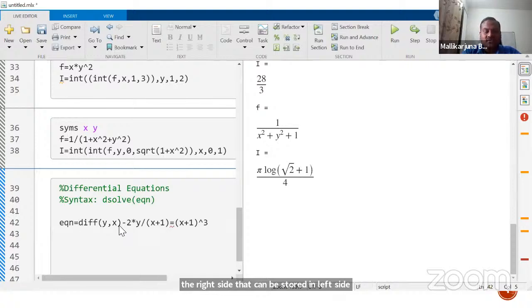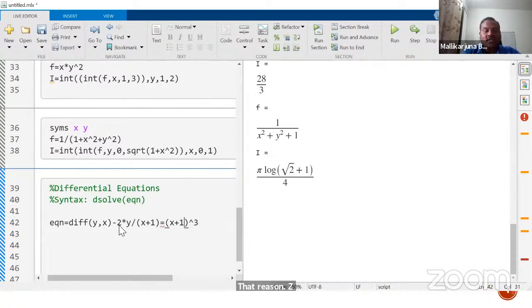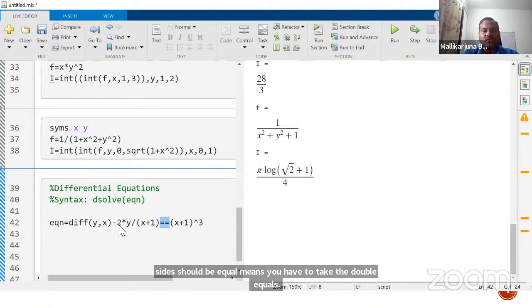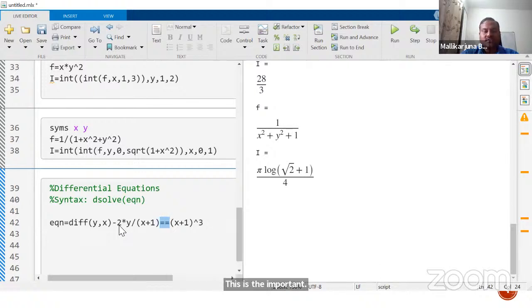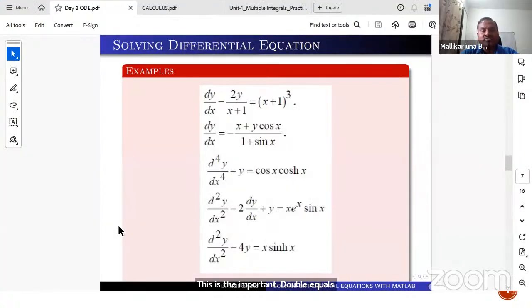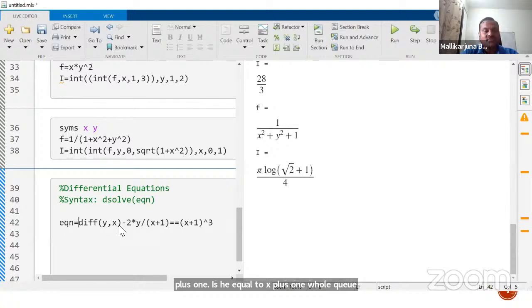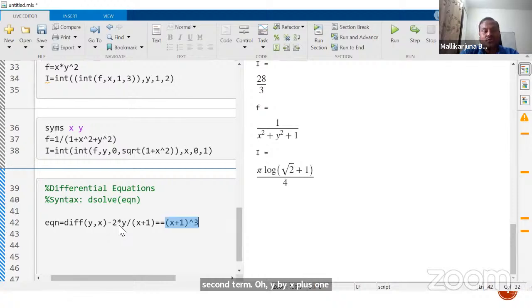If you want both sides to be equal, you have to take the double equals. This is the important double equals. The first equation is dy by dx minus 2y by x plus 1 is equal to x plus 1 whole cube.